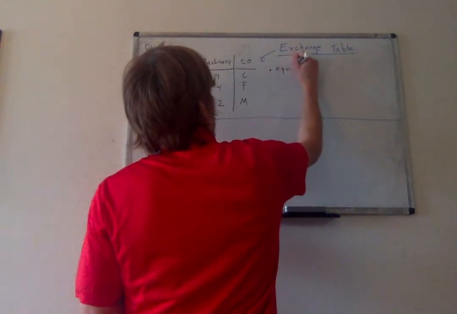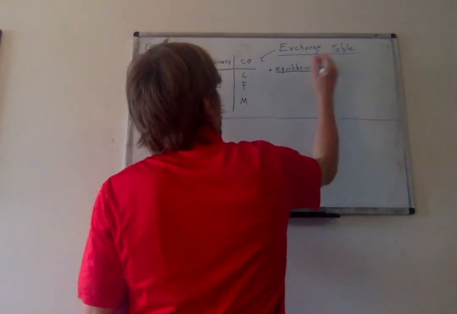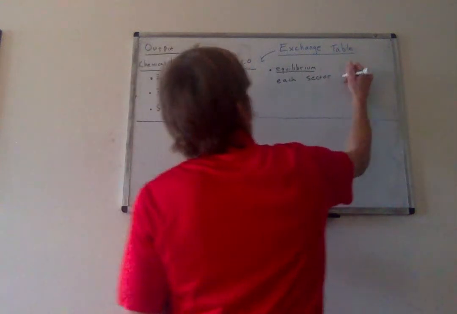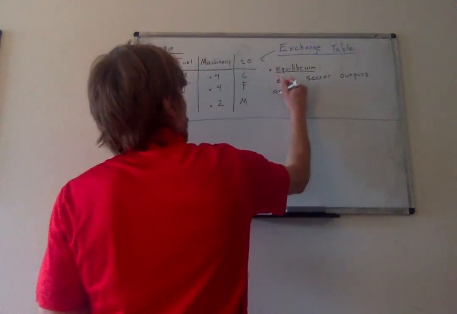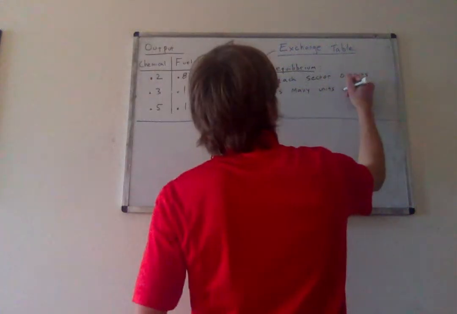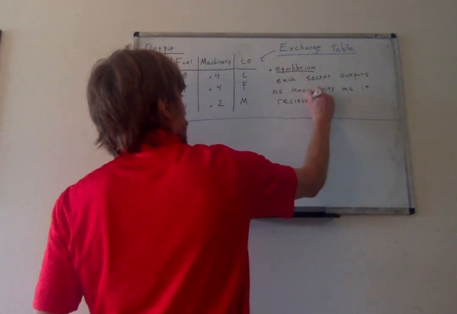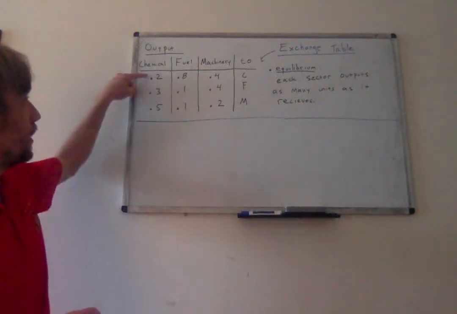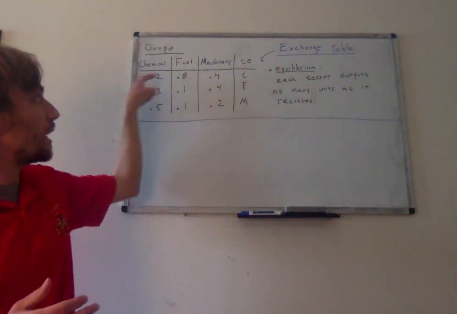For this economy to reach equilibrium, each sector outputs as many units as it receives. That is, if we're measuring output in total dollars, and chemicals is outputting, say, $100, it should be receiving $100 also.